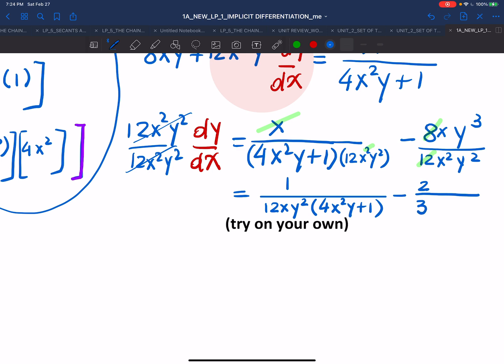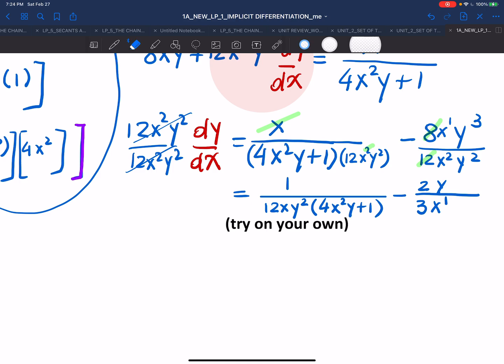We have a power x to the power of 1 and x to the power 2 in the denominator, so one of the powers of x in the denominator will reduce this power. And y to the 3 over y to the 2 is simply y.